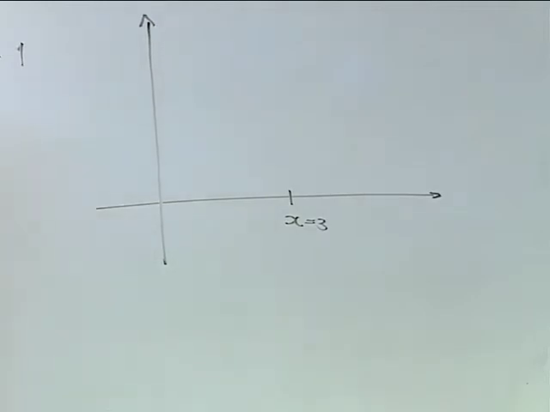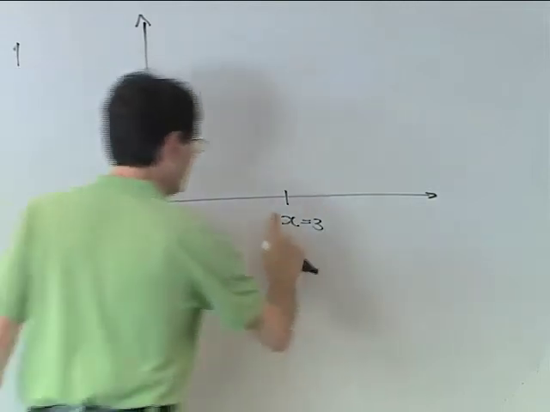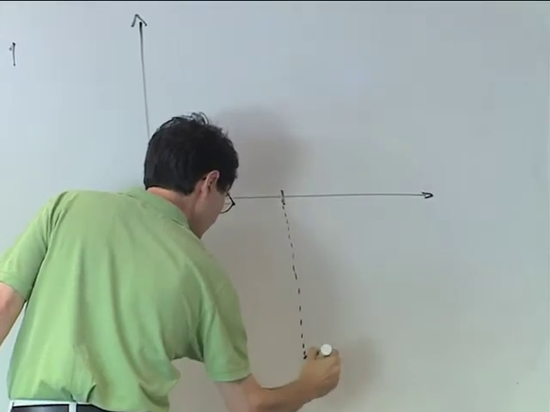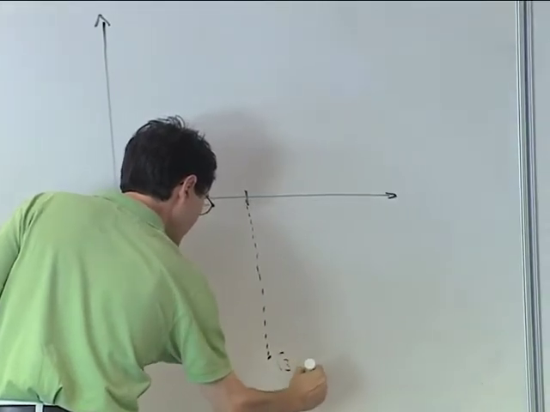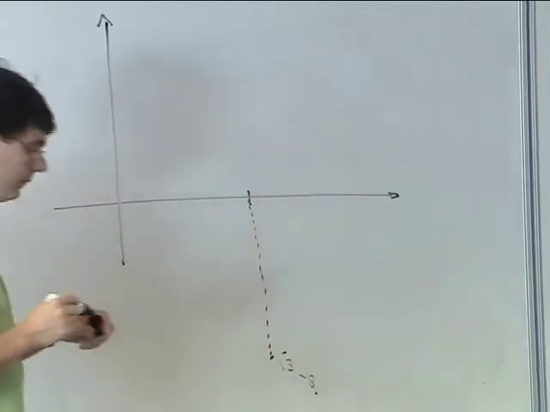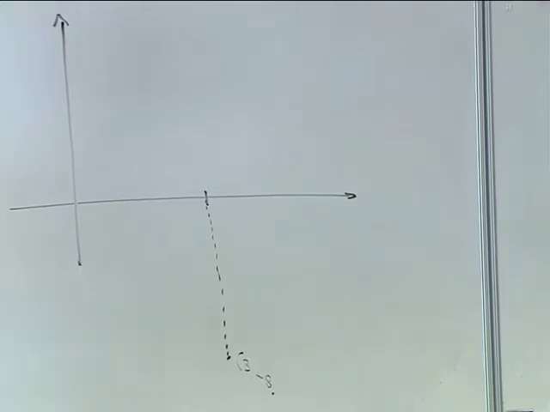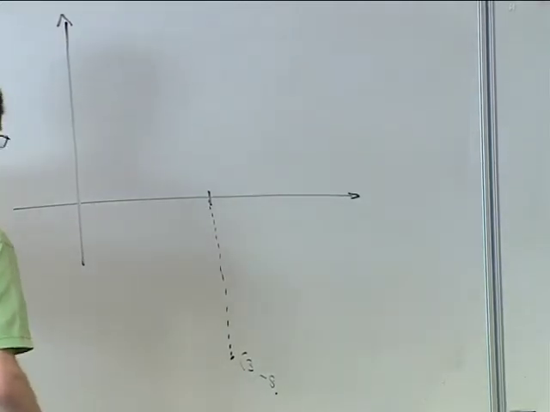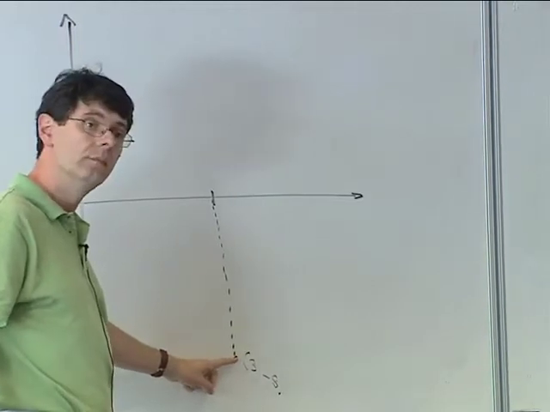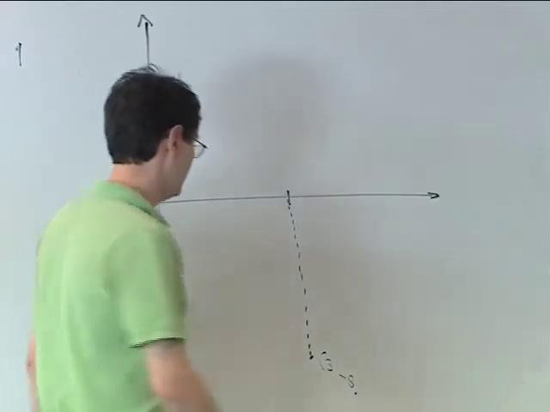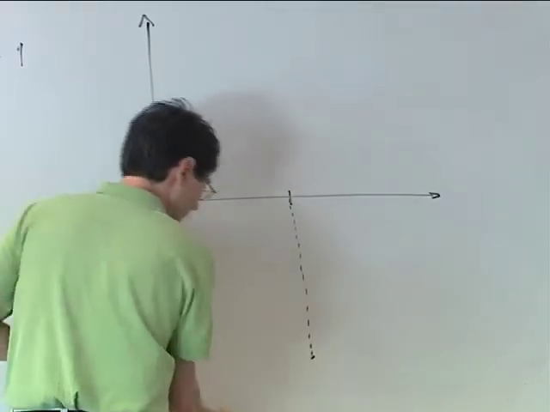I get 9, take away 18 is negative 9, plus 1 is negative 8. So I know that the height here is negative 8. So this is 3, negative 8. I know that the graph of this function goes through here, and I know that the slope is horizontal there. So that's the information I have.